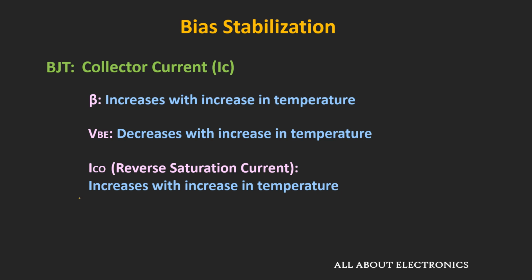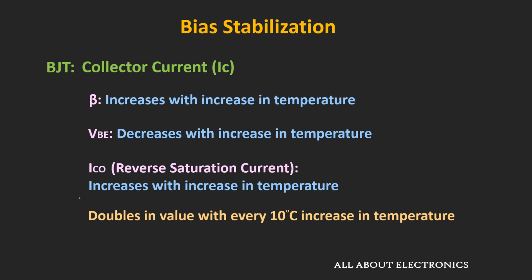Similarly, with the increase in the temperature, the voltage between the base emitter junction will reduce. And the reverse saturation current also increases with the rise in the temperature. In fact, this reverse saturation current almost doubles in value with every 10-degree rise in the temperature. So due to the change in all these parameters, the collector current IC also changes.